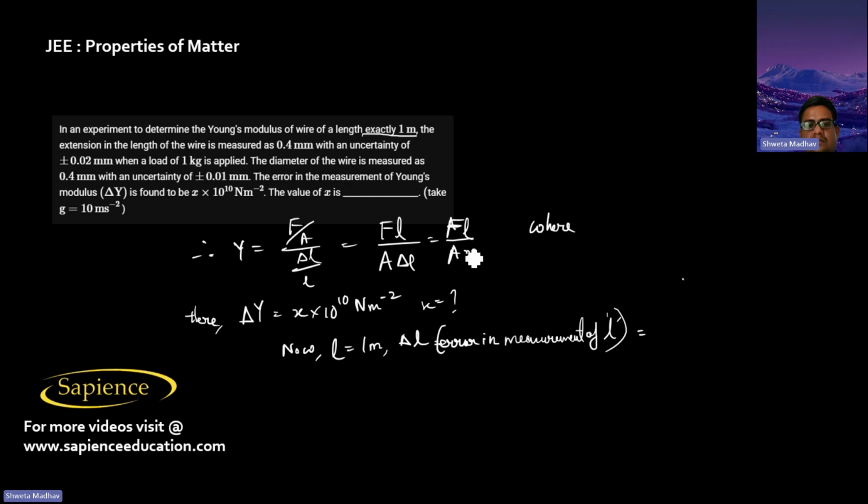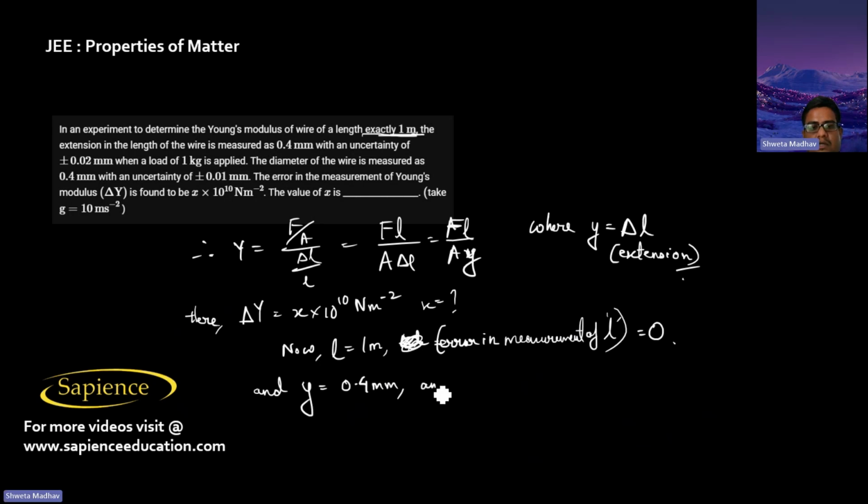So it means error in the measurement of L, that is 0 only, since it is told the length is exactly 1 meter, and the extension, which is y, that is 0.4 millimeter, and the absolute error in the extension, that is delta y, that is 0.02 millimeter.